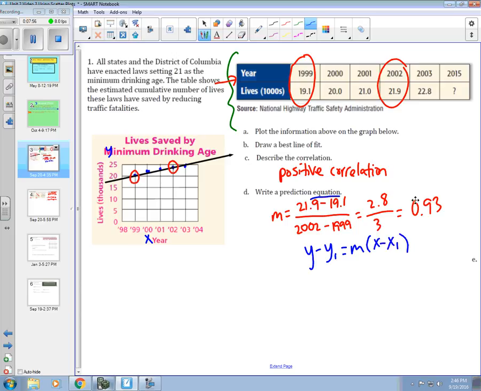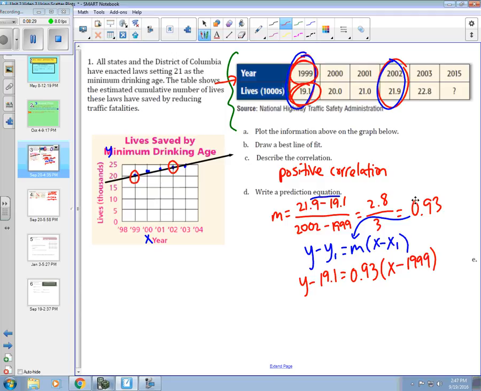Plug in our slope now for the m, and use one of these 2 points again for our x1 and our y1, and we can find the equation there. It doesn't matter which one you use, they're both equal. Let's just use the first one here. So we got y minus 19.1, that was from here, equals our slope we got 0.93, x minus, and then we need the x part of that point, 1999.